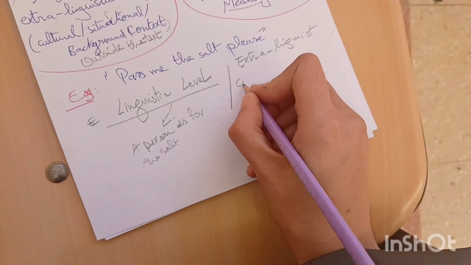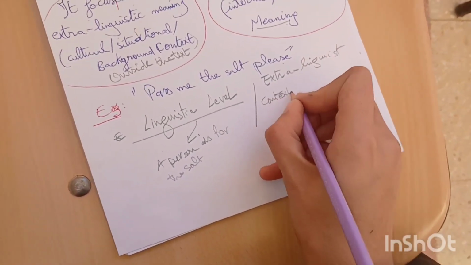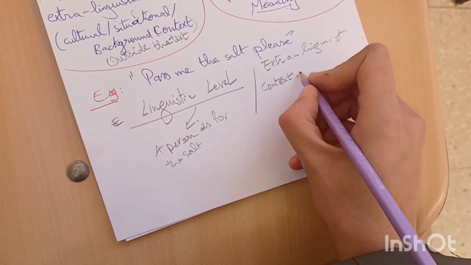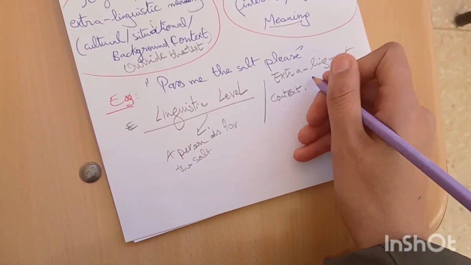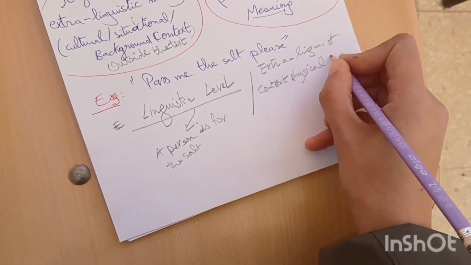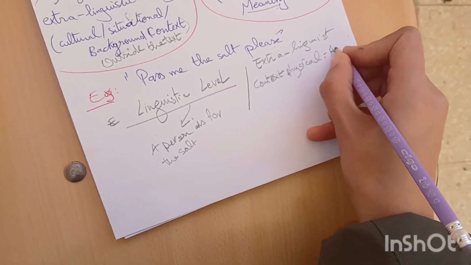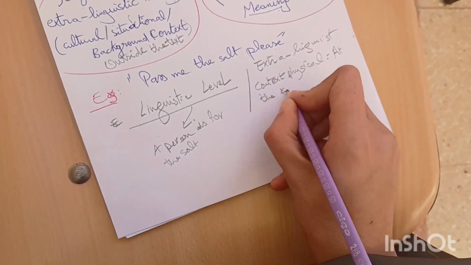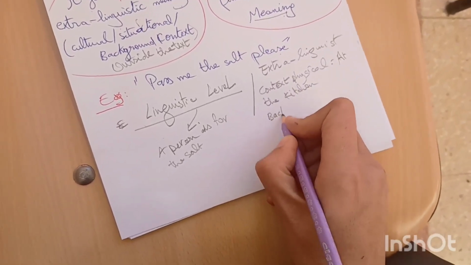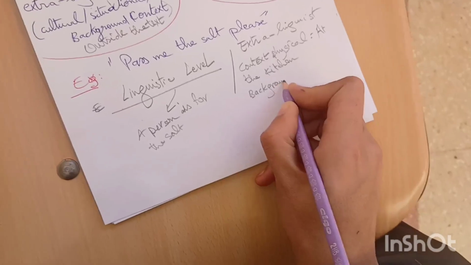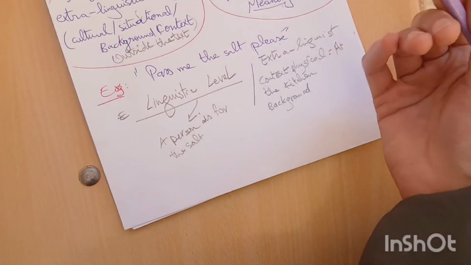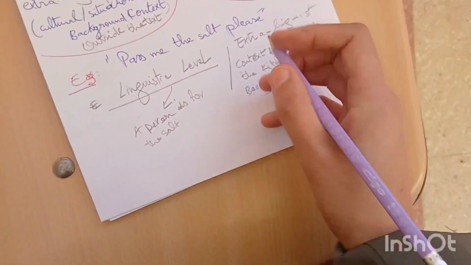We say, for example, the context here is about the cultural context, or the physical context. For example, they are in the kitchen. And we say the background context, like what you assume, where this sentence can be put, and who the speakers are.